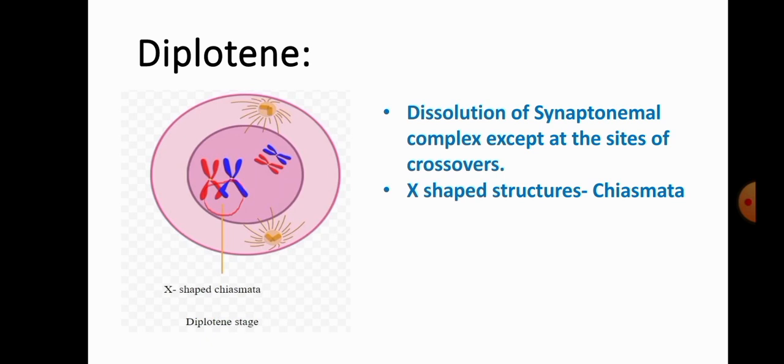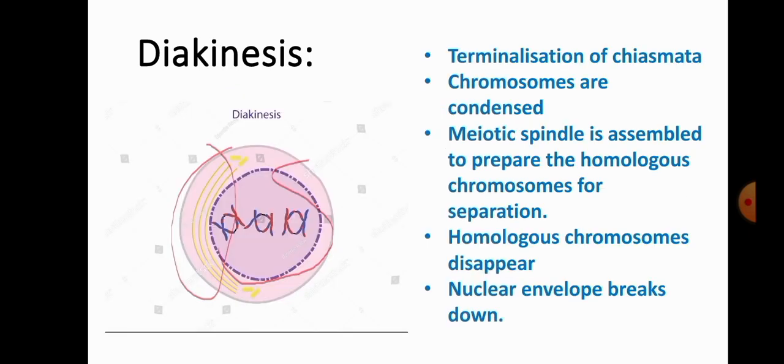In diplotene, dissolution of the synaptonemal complex occurs except at the site of crossing over, and that X-shaped structure is known as chiasmata. And in diakinesis, terminalization of crossing over occurs, mitotic spindles are seen, and the nuclear membrane starts to break down.